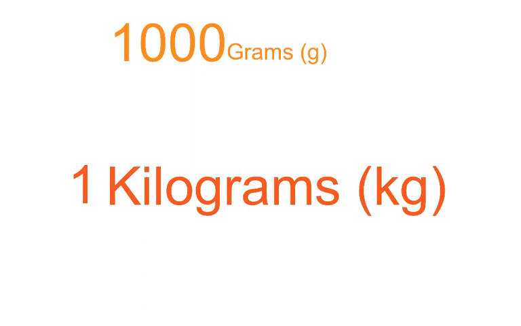But the thinking question: if I had half a kilogram, how many grams do you think that would be? So 1,000 grams equals 1 kilogram. If I had half a kilogram, how many grams would I have? You need to do a bit of thinking with that one. I'm going to leave that one with you and come back to that later.